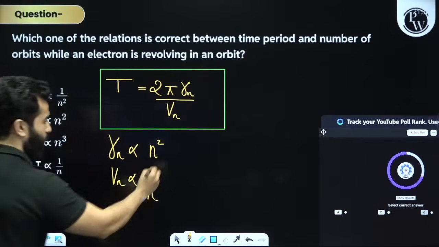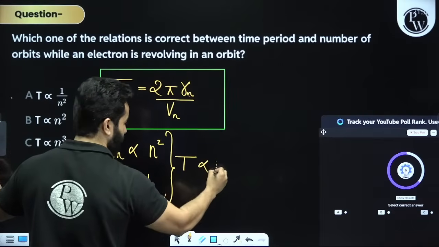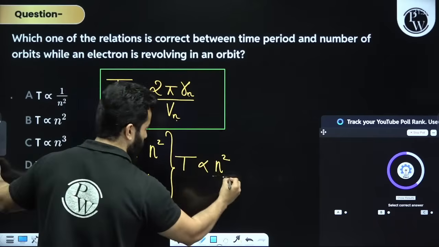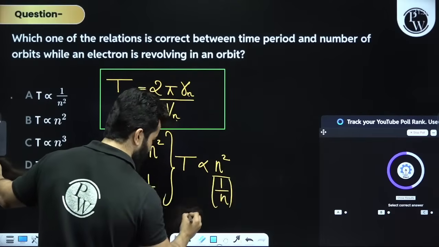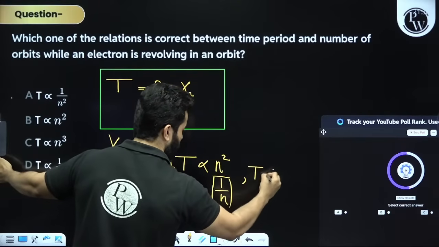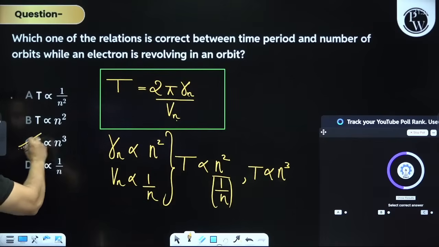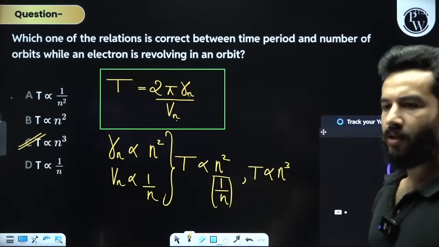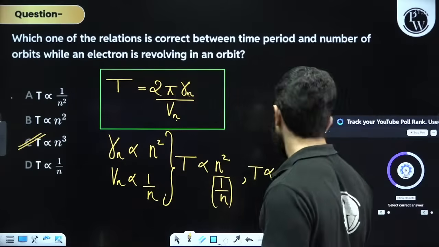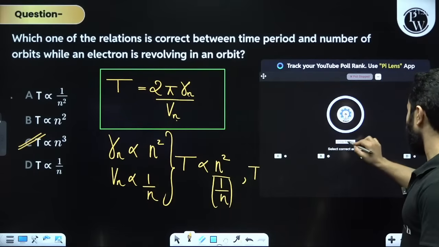If you combine these, time depends upon Rn, that means n square, and 1 upon Vn, that means 1 upon n, which means that time depends directly on n cube. Clear? Be quick, my dear friends. C is the correct answer.